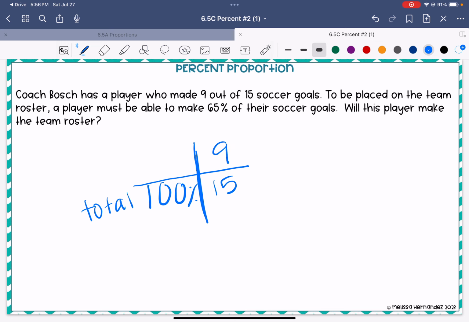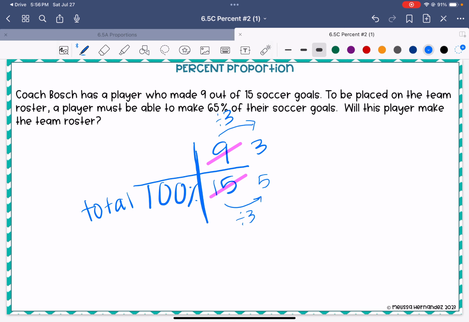So we're going to simplify. I'm going to go with 9 and 15. They're both divisible by 3. So 9 divided by 3 will give me 3. And then 15 divided by 3 will give me 5. So now it's easy to go.